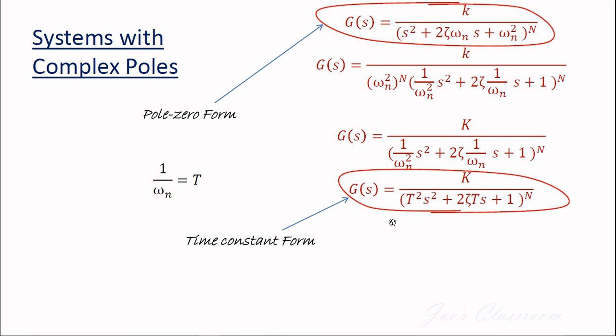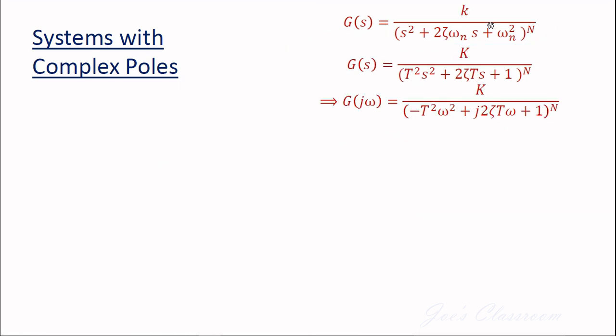So when it comes to the Bode plot or any frequency domain analysis for that matter, we represent the systems in time constant form. So let us take the transfer function in the time constant form now, and to plot the Bode plot, you need to know g of j omega.